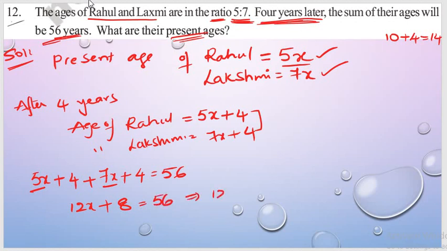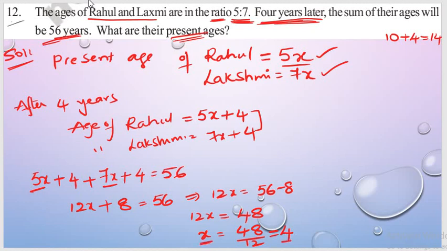So 12x is equal to 56 minus 8, which is 48. So x is equal to 48 divided by 12, which gives me 4. So the value of x is 4.